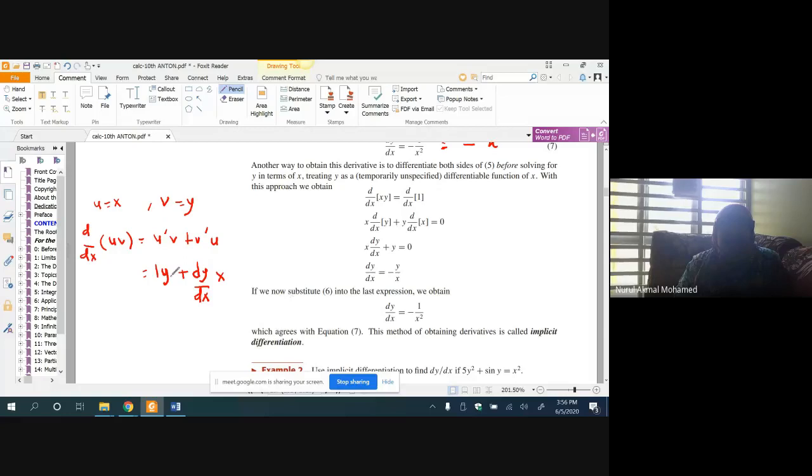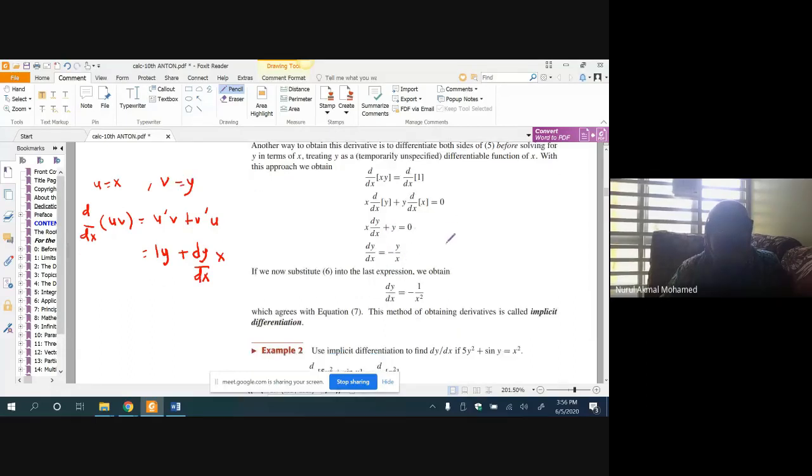So you get y plus dy/dx multiplied with x. This is the left hand side. For the right hand side, you differentiate a constant with respect to x, and obviously you will get 0. So you have x dy/dx plus y equal to 0.